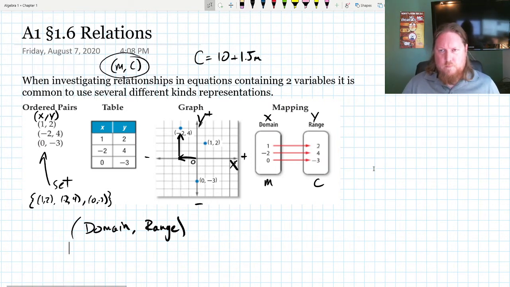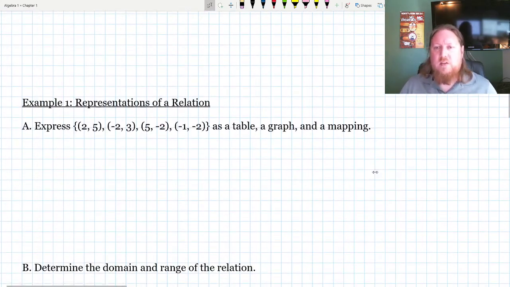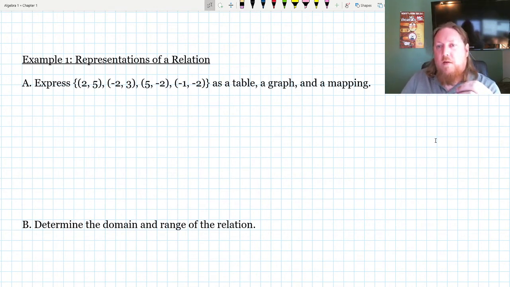All right, so that's the idea of all these different relationships. Let's actually draw some out. So you can see here in this example, they have a relationship that we're supposed to express as a table, a graph, and a mapping.